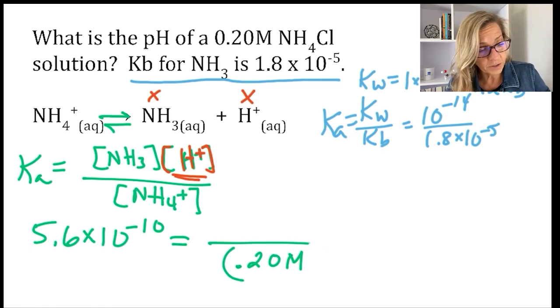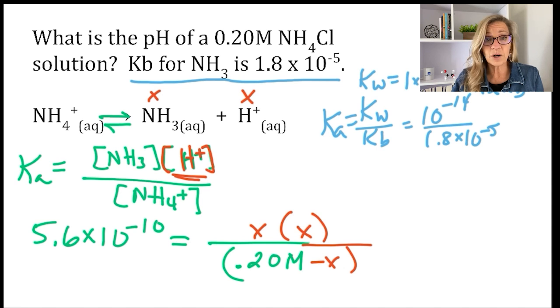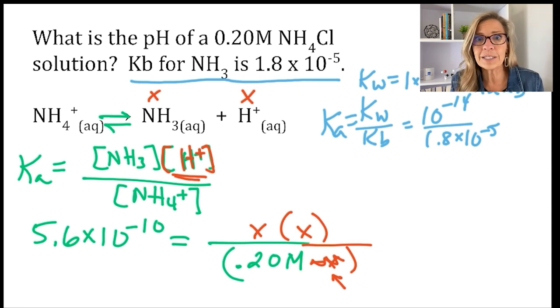And so my concentration here is going to be 0.2 molar minus X, and then our concentration will be X on the top for ammonia and also for the H+. We've seen this before where this little X right here is negligible. We've done this math because we have a really small Ka, and so 0.2 minus X is basically 0.2. This makes the math super simple.